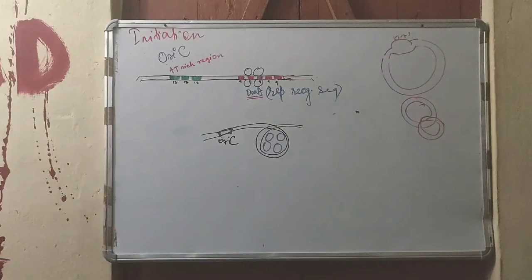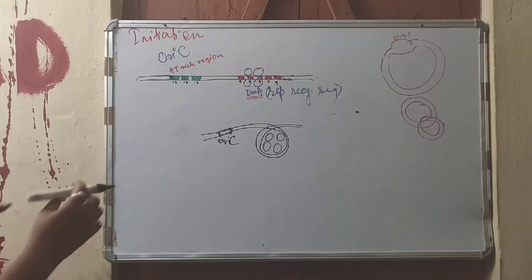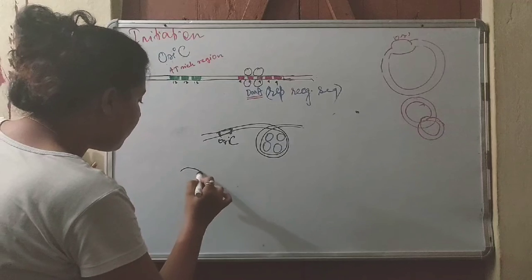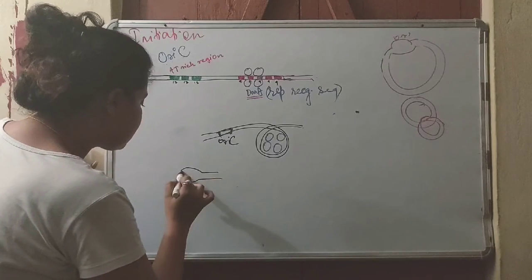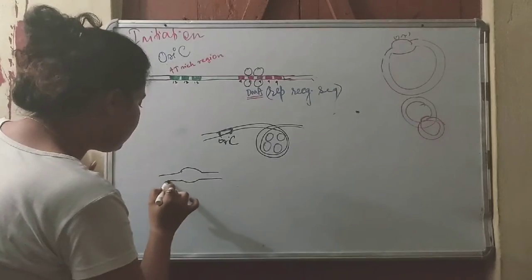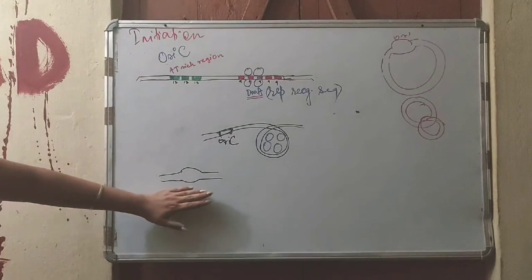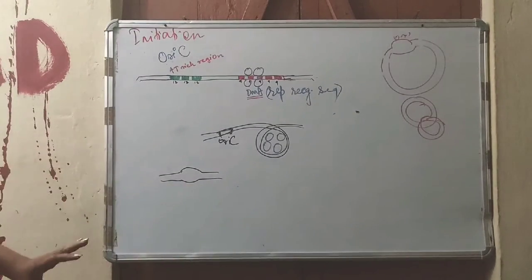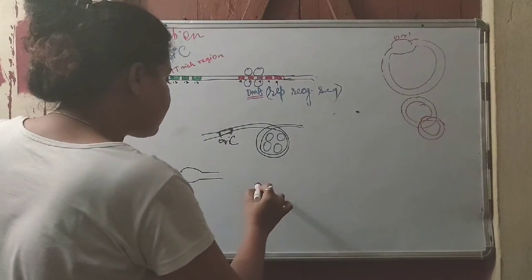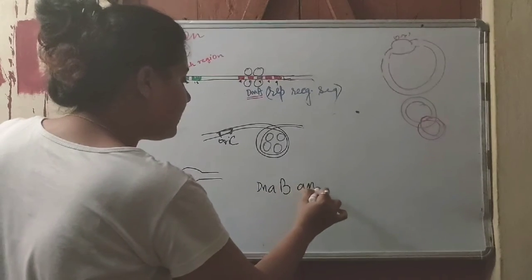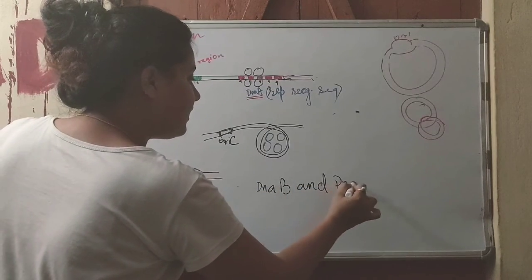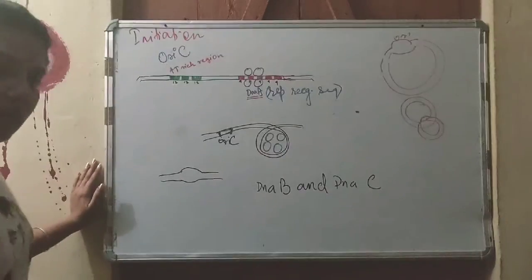When the OREC is broken, it will start melting and start forming a replication bubble. This replication bubble will be recognized by another protein complex, that is DnaB and DnaC.